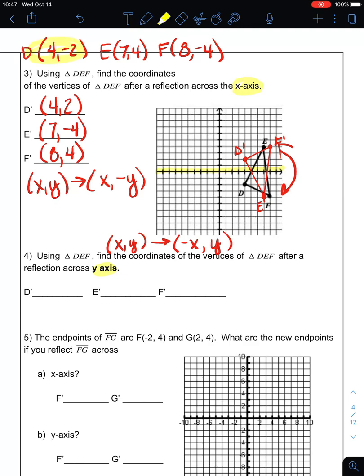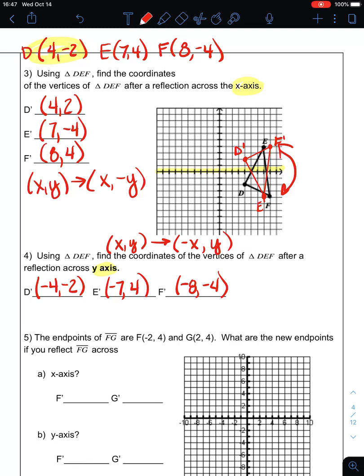If my x value changes, then it becomes -4, -2. My x value changes, my y value stays the same. My E will change, my x value will change, -7. My y value will stay the same. And for F, my x value will change, my y value will stay the same.